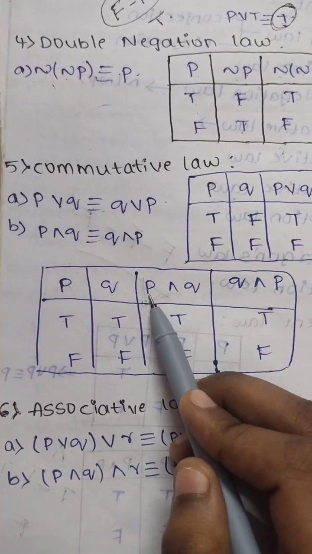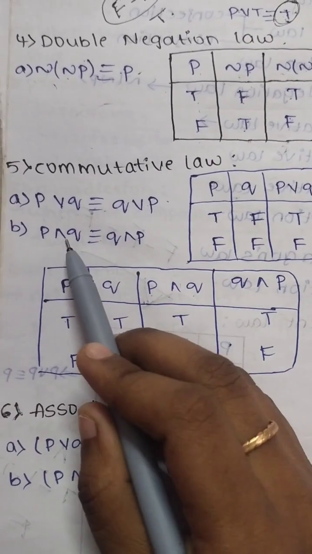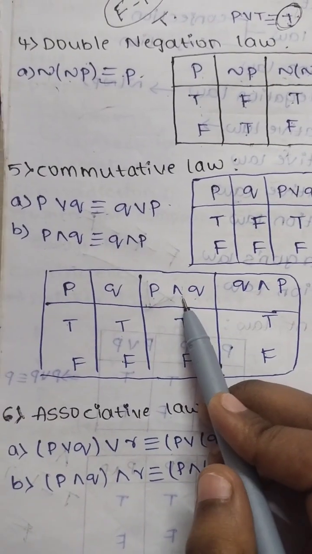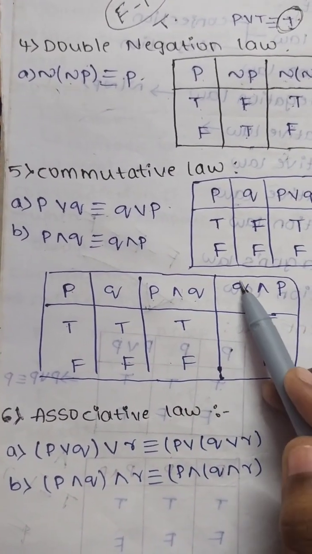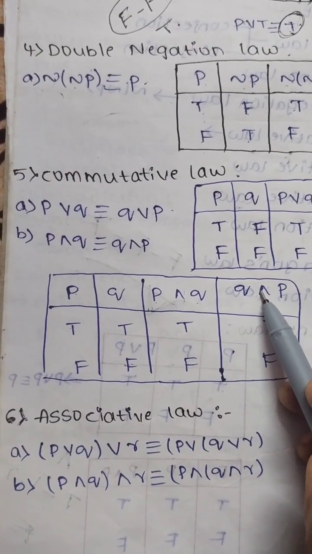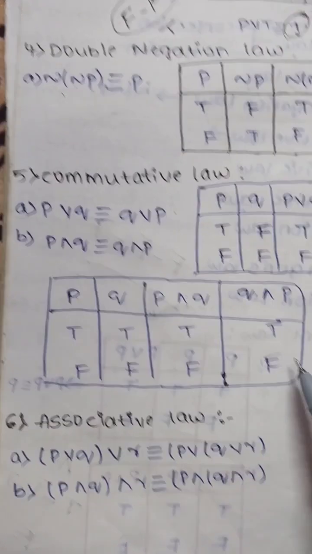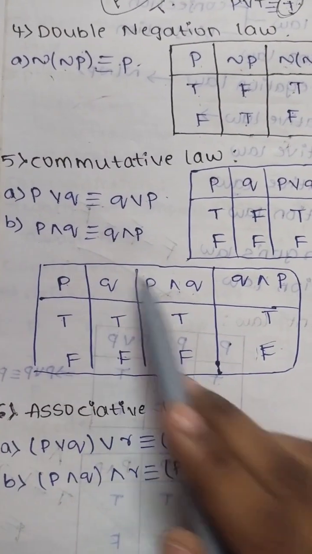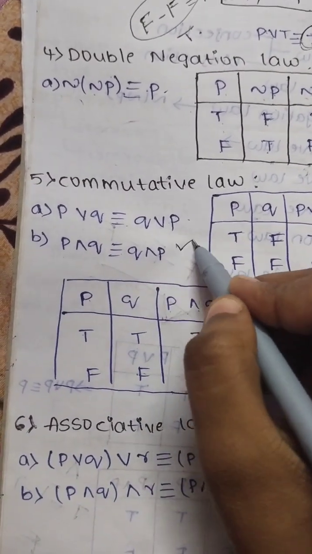So P and Q, AND operation we are using here. AND operation means true, true is true, remaining all are false. So Q and P, true, false. So both are equivalent, so it satisfies the condition.